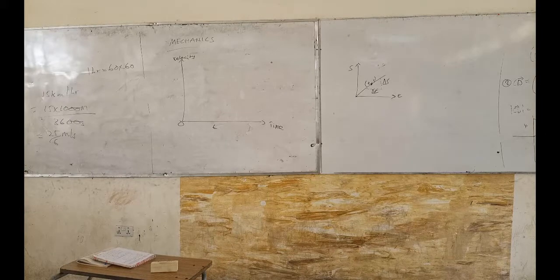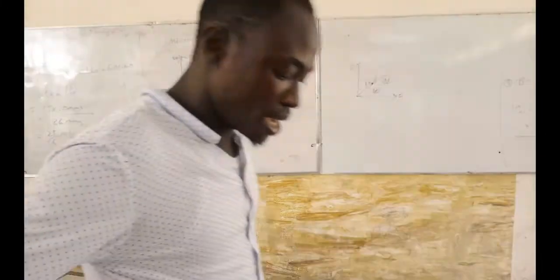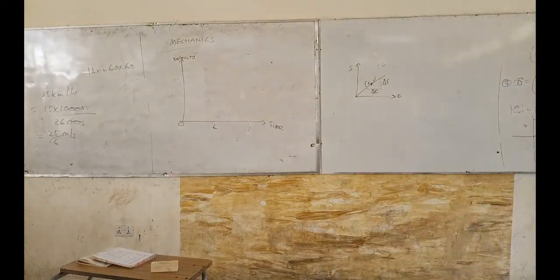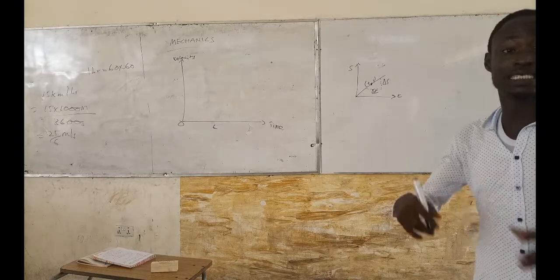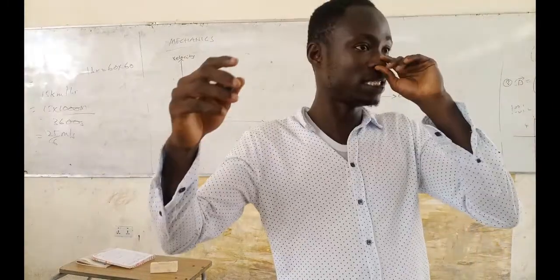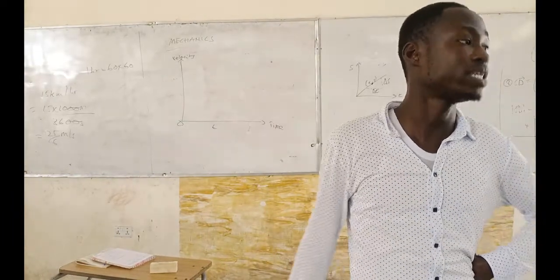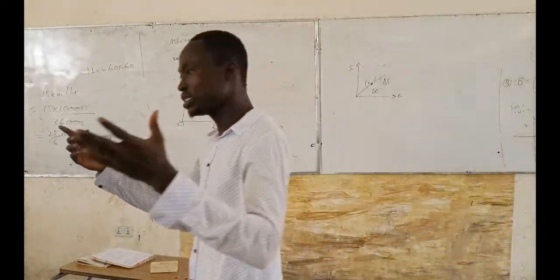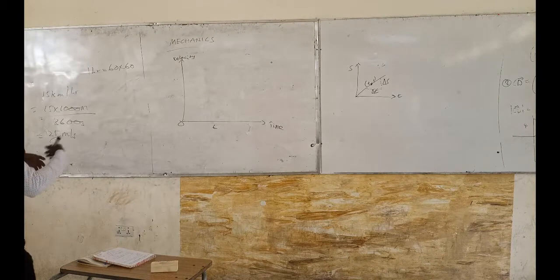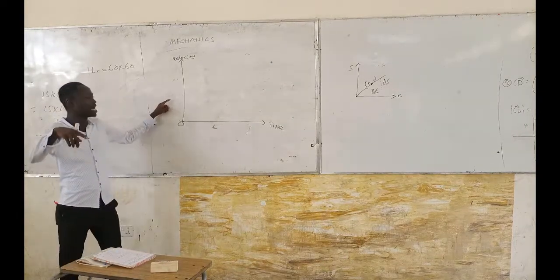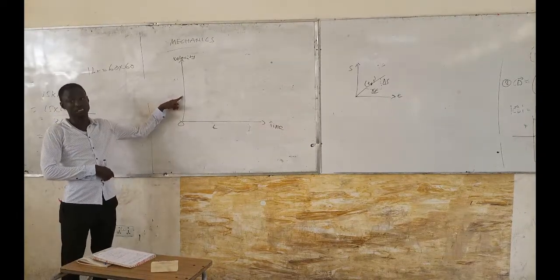You see, an object can begin its movement either from rest, or it can begin its movement from a certain point. Are you getting it? So over here we are not going to consider it from the origin or zero, from rest. But we are assuming that an object is moving with an initial velocity u at this point.